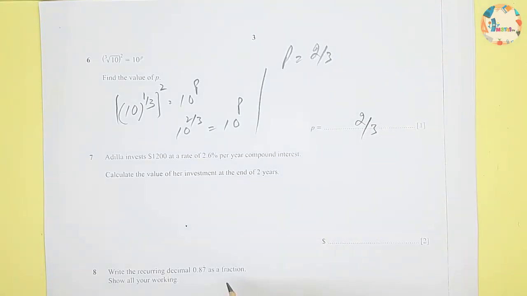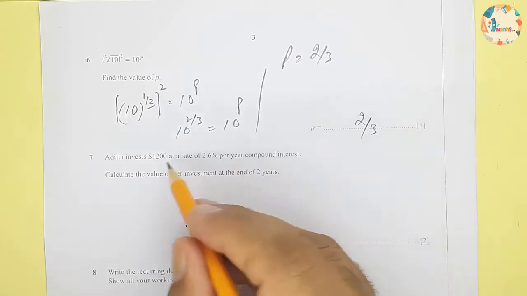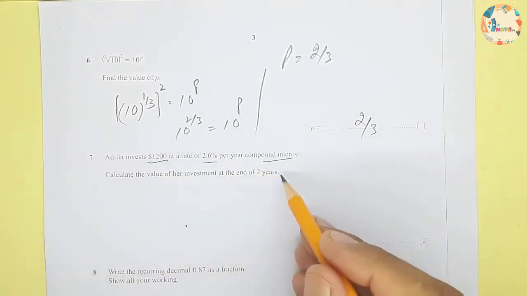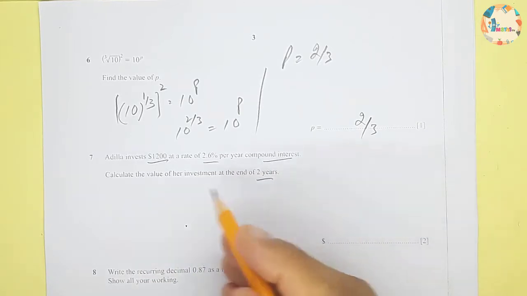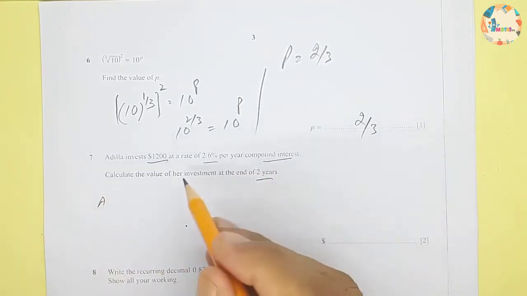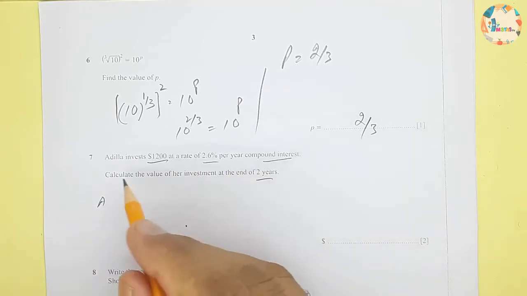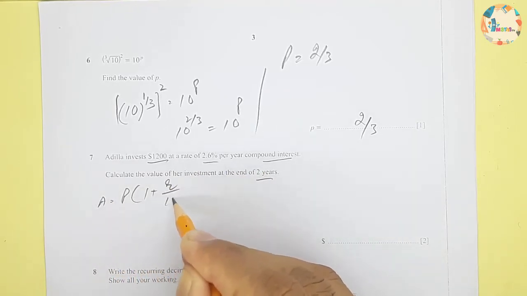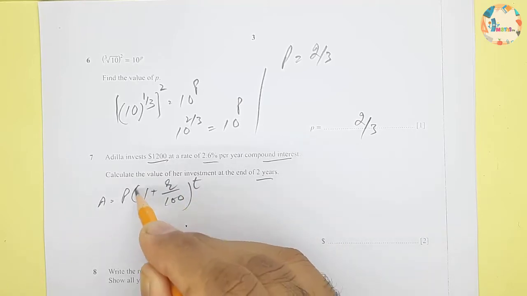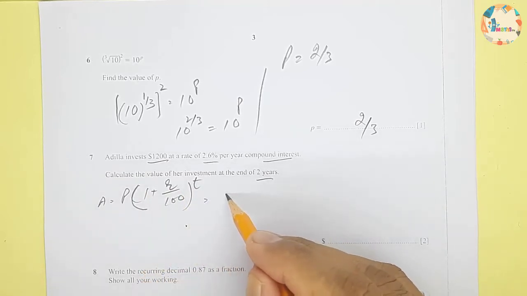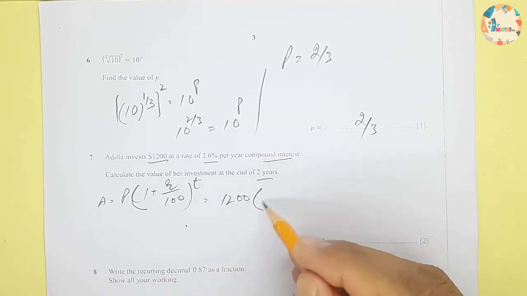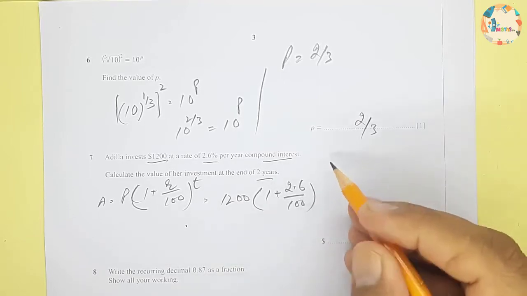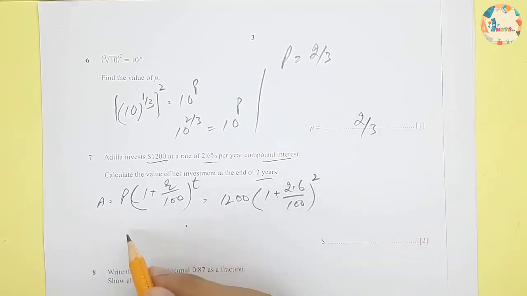Then question number 7. Adila invests this much amount at this rate on compound interest for 2 years. So the formula will be A, we'll have to calculate her investment, so the A value we have to calculate: P into 1 plus R over 100 raised to the power T. This will be the formula, and the principal amount is 1200, and 1 plus 2.6 over 100 raised to the power 2 years, so 2.